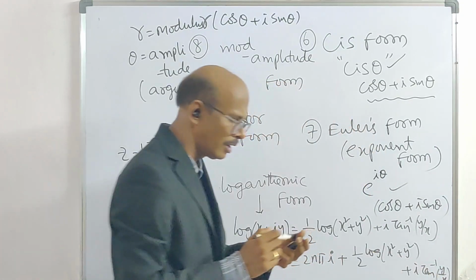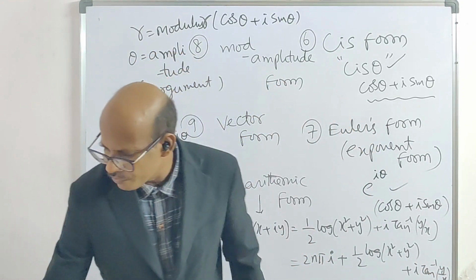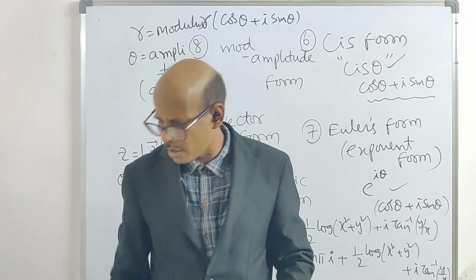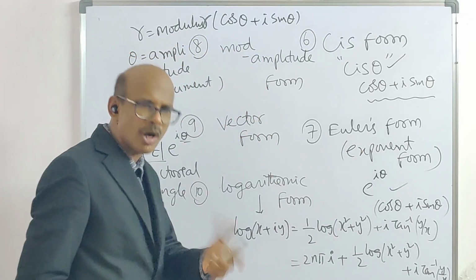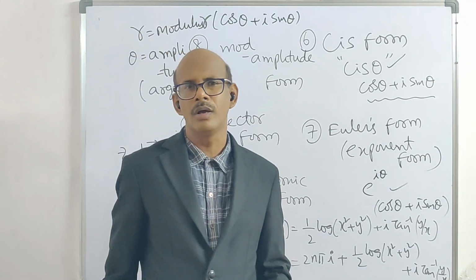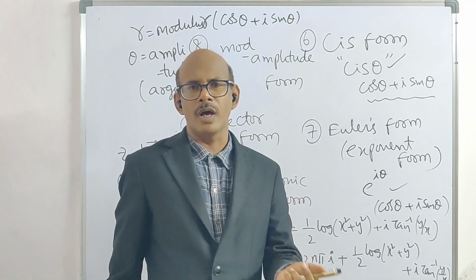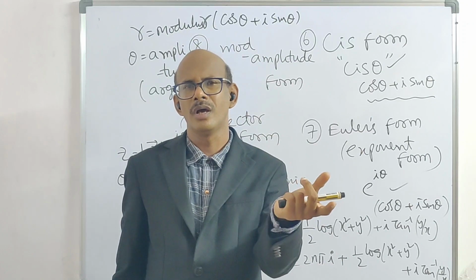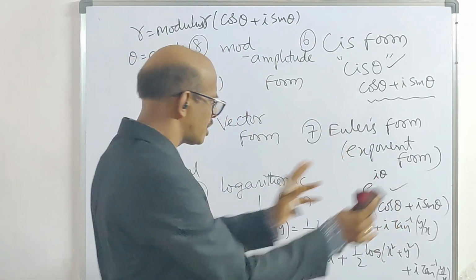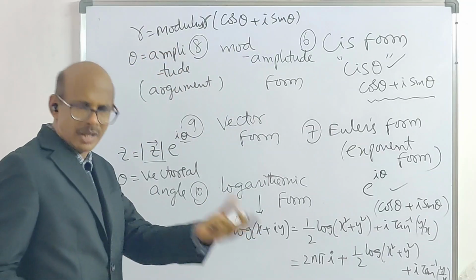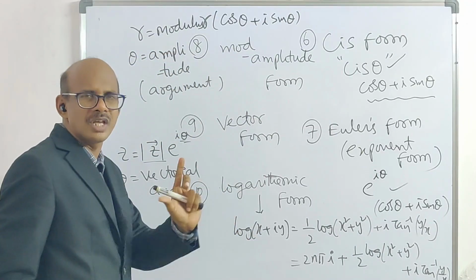Okay, we will discuss these forms in detail when we enter the individual concepts in our important weightage topic, not only in algebra but generally in units like quadratic equations and complex numbers according to the syllabus given.